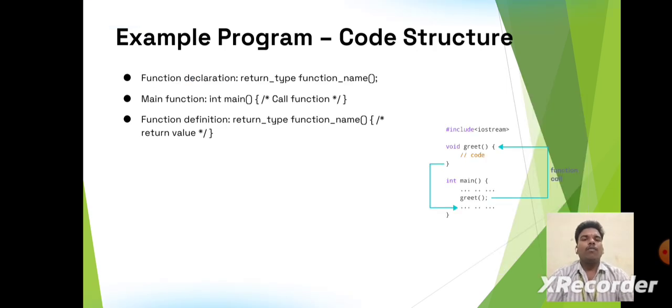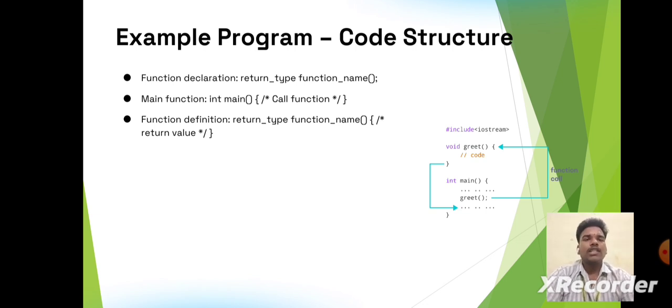In the example program for the code structure, as I said earlier, we have hashtag include and void. Instead of typing void main, we are going to type void greet, which means if we type the function greet, then there will be a function acting which will be defined.